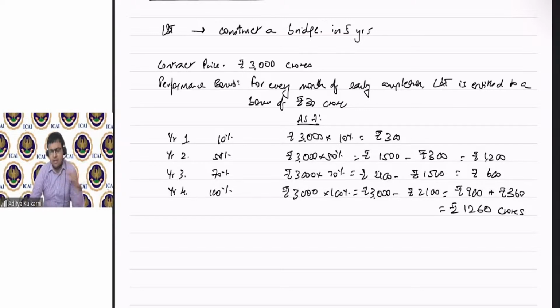Or AS9, whatever it is. The 30 crore bonus, which is given for early completion, represents a variable consideration. What Ind AS 115 tells us is, why are you being so conservative in your revenue recognition?